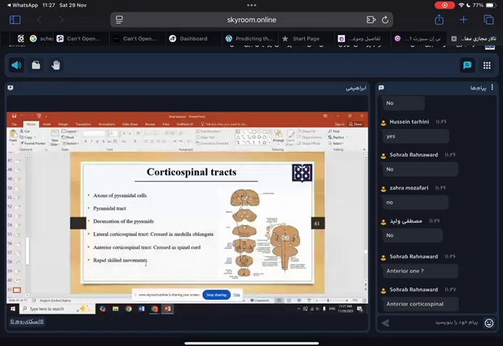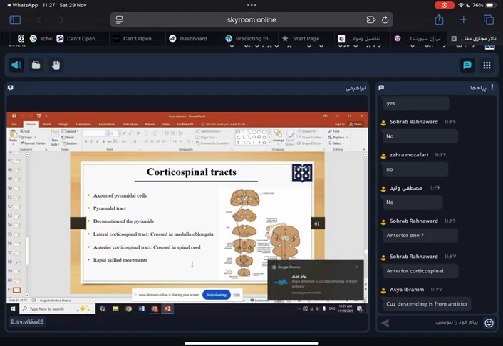Look at here. Remember, I told you, all of the descending tract which is started from the cerebral cortex must have cross. 80 to 85% of the information has cross in the medulla oblongata, in the pyramids of the medulla oblongata.